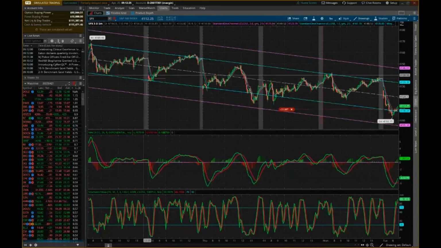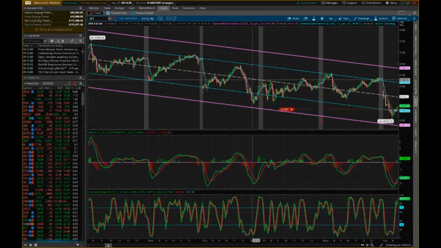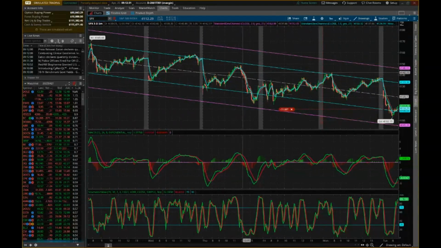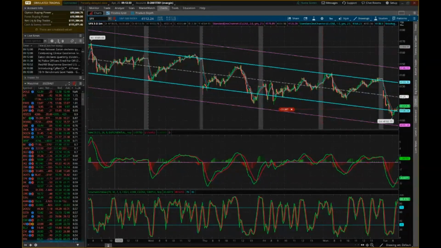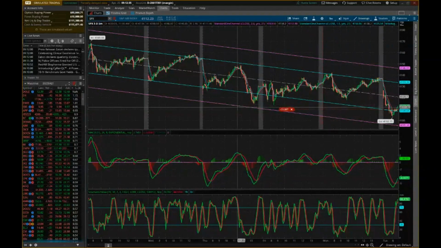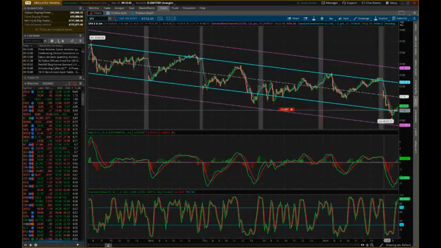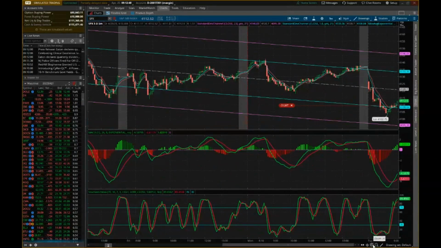So just looking over the last 5 days, SPX has generally followed this LRC with a few exceptions, like right here and right here. So today is another exception. So we'll see.